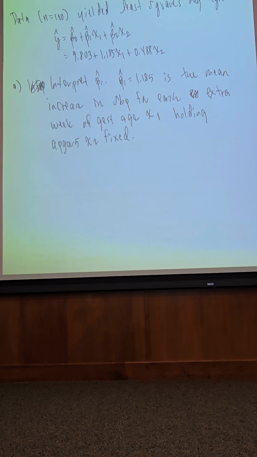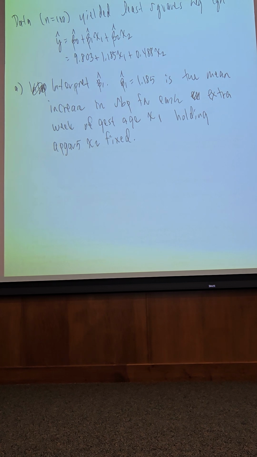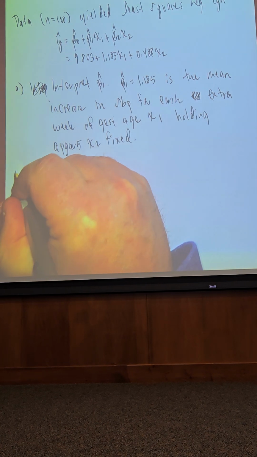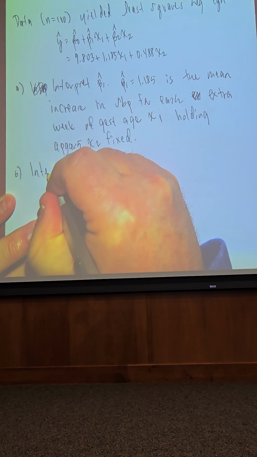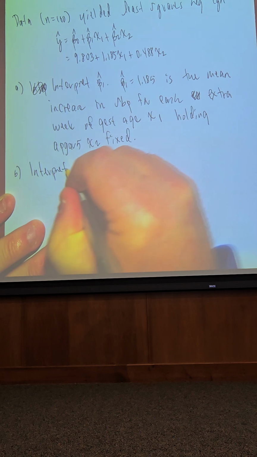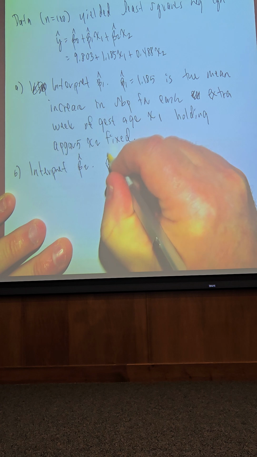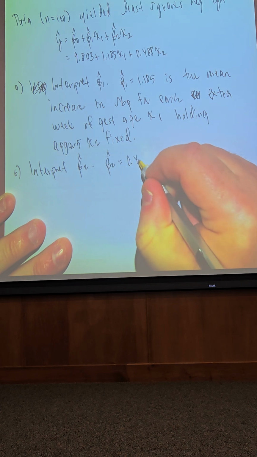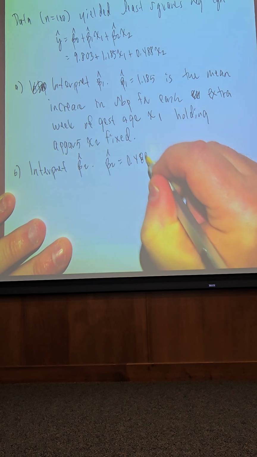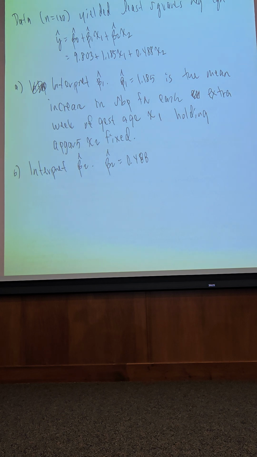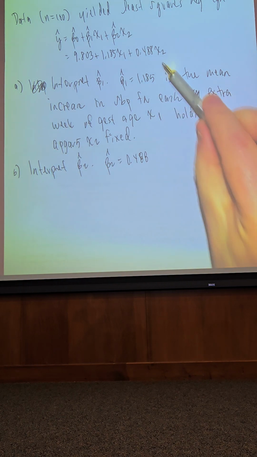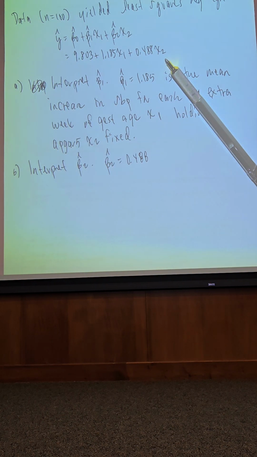Okay. How about beta 2 hat? What does that tell us? So let's interpret it. Beta 2 hat, which is 0.488, that's the guy associated with the APGAR5 score.